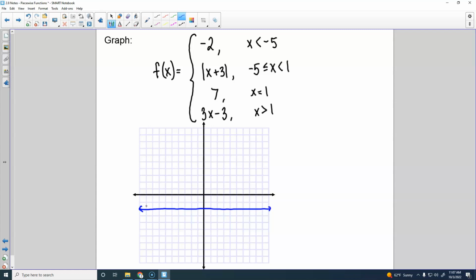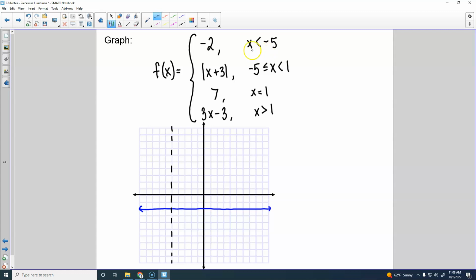But I am supposed to only use the piece where x is less than negative 5. So negative 5 is right here. These dotted lines are not part of your graph, but I'm including them so we can visually see where those cut points of the graph are.